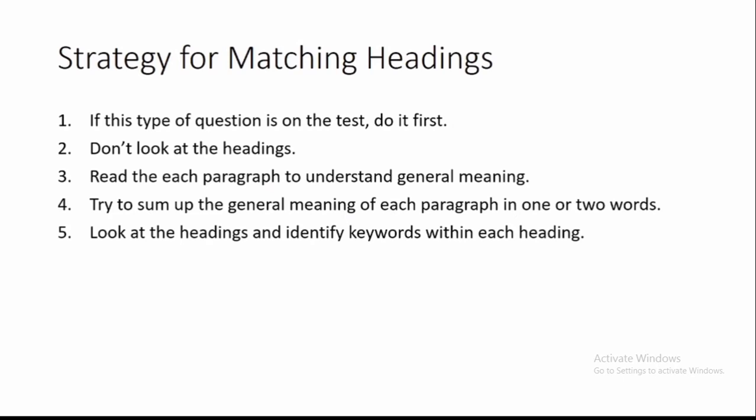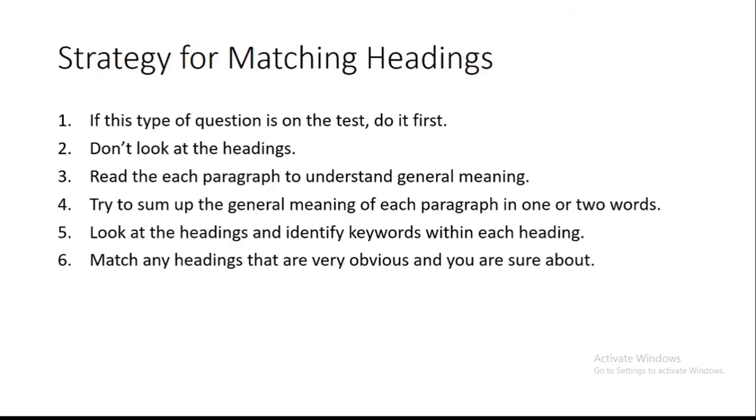So again, go back, look at the headings. Already you should be linking some together. Some will be very, very obvious, but we need to be careful here. So look at each of the headings, underline some keywords within each of the headings. Match any headings that are very obvious and you are 100% sure about, just to eliminate them immediately.